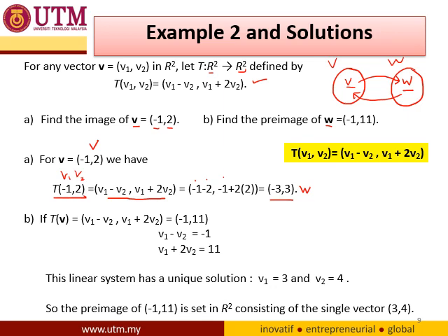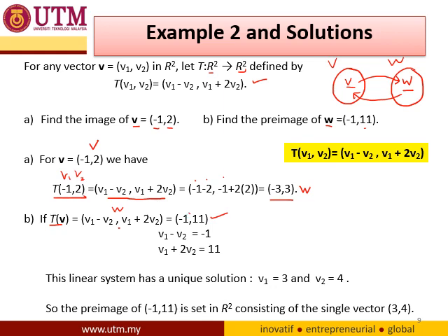So how can we do it? We know that the transformation of V is how you calculate the W, right? So this is equal to your W. But they give you the W already, so you need to set it equal to (negative 1, 11).